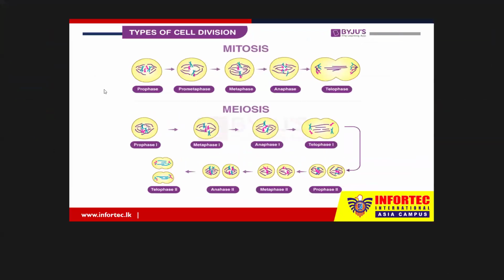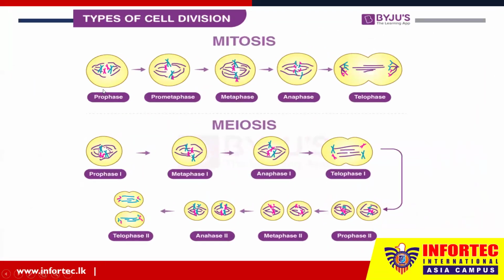Right, so that is what happens in the prophase. The nuclear membrane dissolves and the genetic material gets condensed, creating chromosomes. Those chromosomes are connected to each other by the centromere. After that, the centrioles, if you remember, are made up of microtubules.